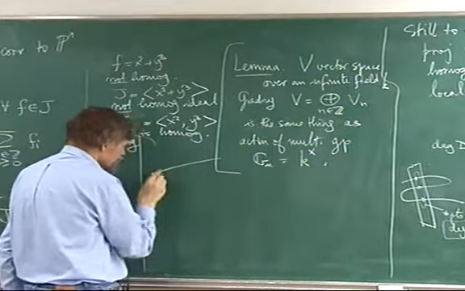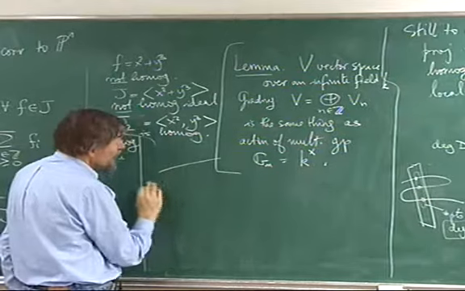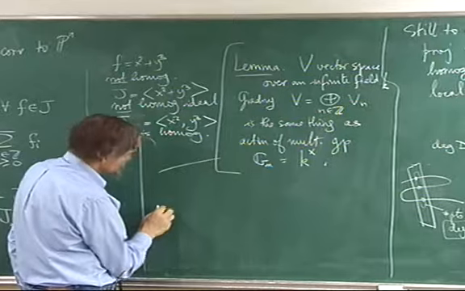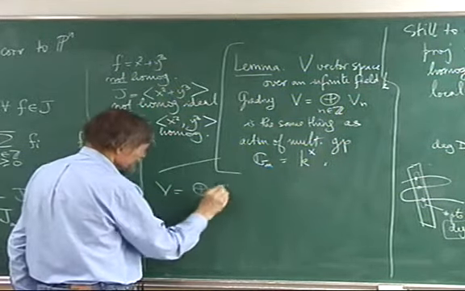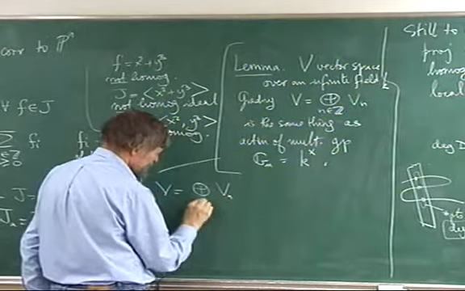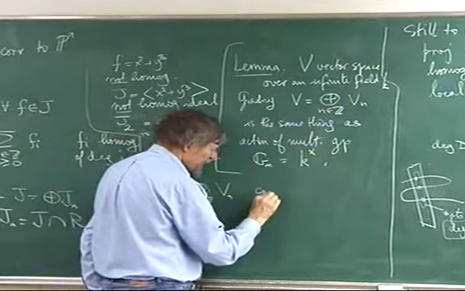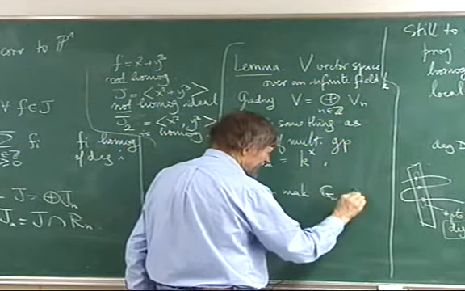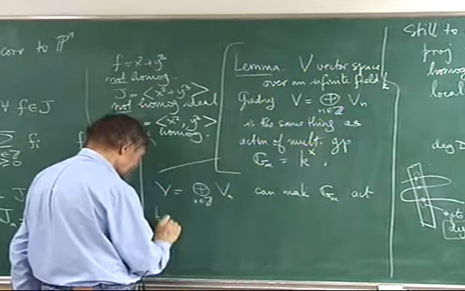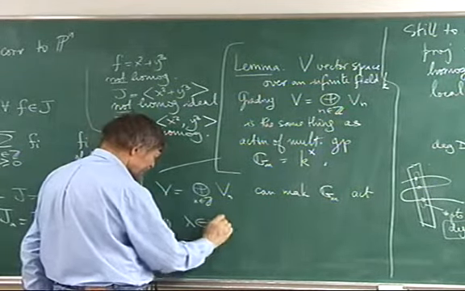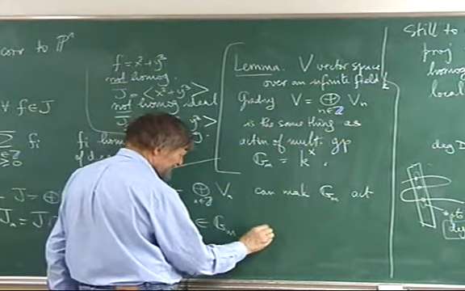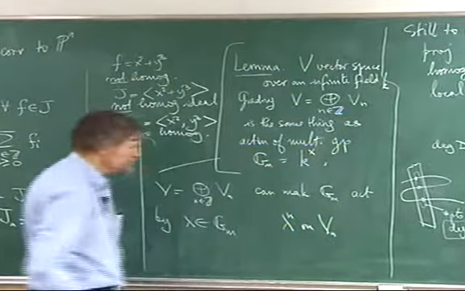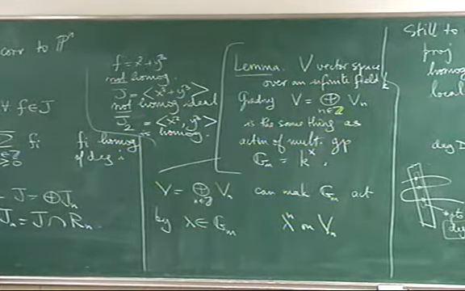So if V is a direct sum of V_n, n in Z, then I can make G_m act by lambda in G_m acting as lambda to the n on V_n.